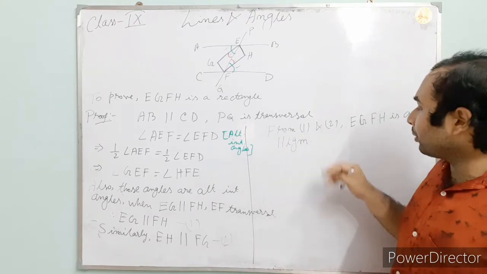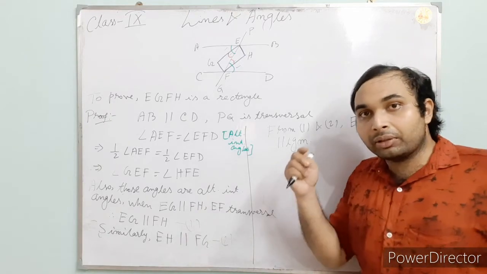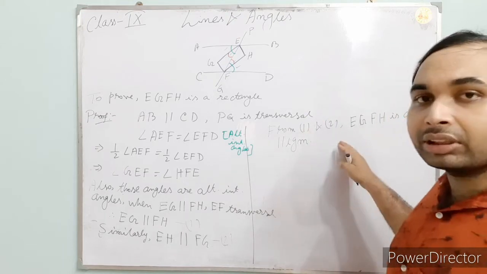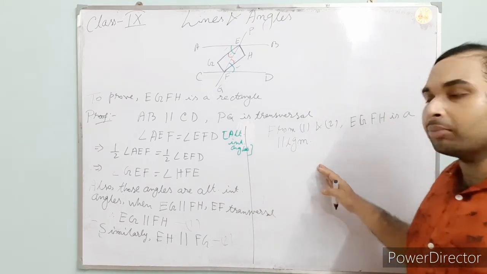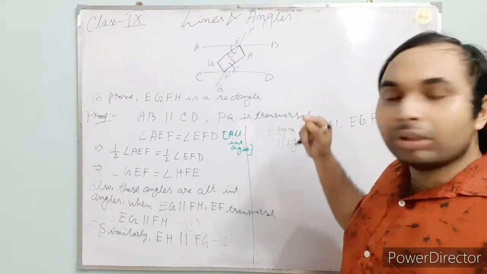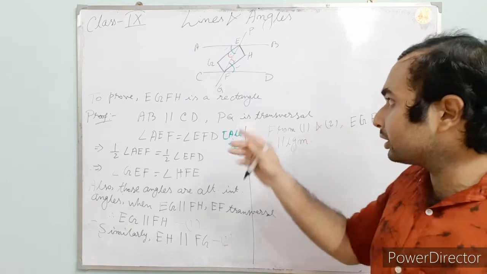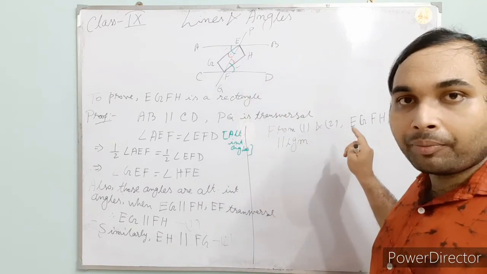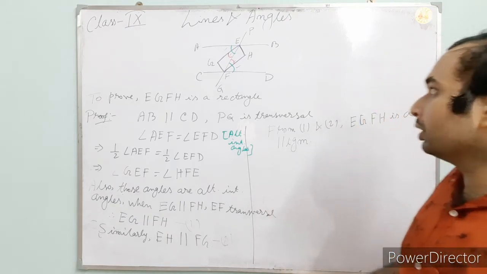So from 1 and 2, opposite sides are parallel. I have told the definition of the parallelogram, so opposite sides are parallel, so obviously this is a parallelogram. Now that we have proved this is a parallelogram, the next proof is to show that one angle of this quadrilateral or parallelogram is 90 degrees.